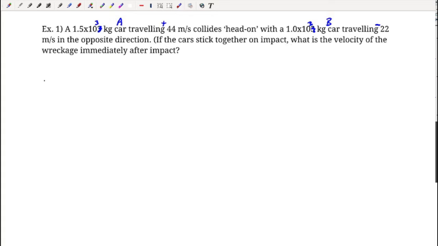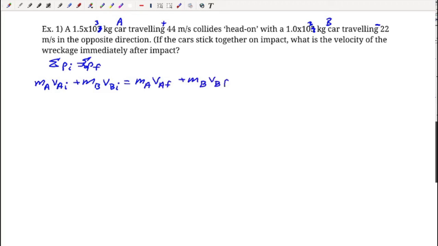So remember how we set this up? We start out with the momentum initial is equal to the momentum final. And we use this fancy sigma to mean the sum, add them all together. Then we wrote this out as mass A, velocity A initial, plus mass B, velocity B initial, is equal to mass A, velocity A final, plus mass B, velocity B final.